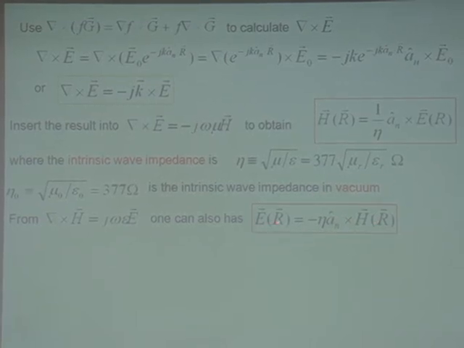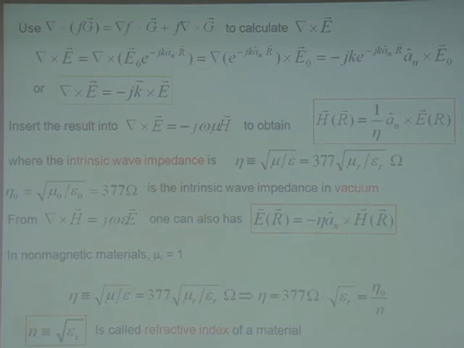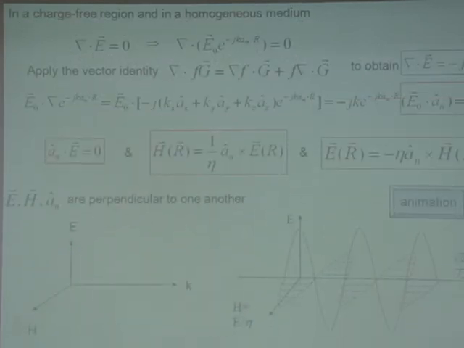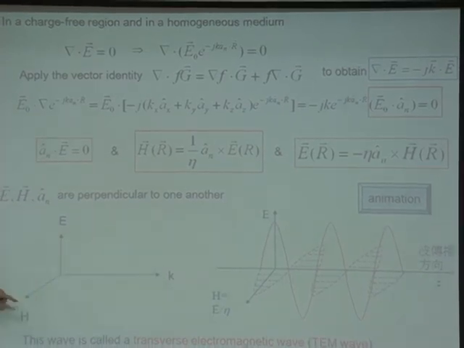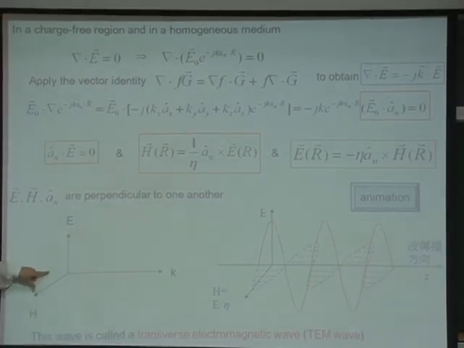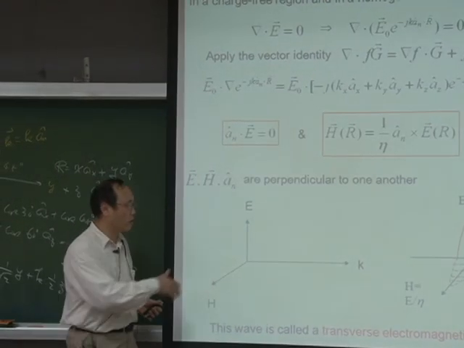So this equation tells you that E and the propagation direction and H are mutually perpendicular. H has to be perpendicular to the k direction and E direction. So from these two equations you find this relationship: E and H and the propagation direction must be perpendicular, and E and H have to be perpendicular to each other. Okay, and you also follow the right-hand rule.